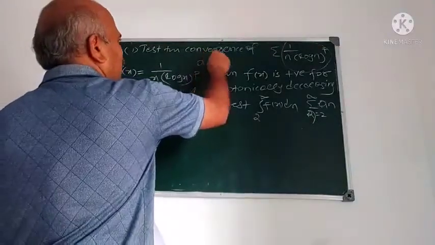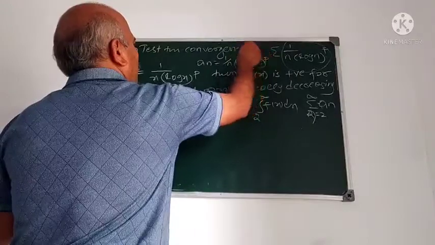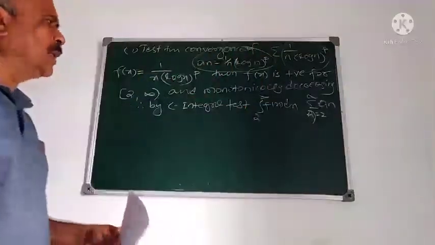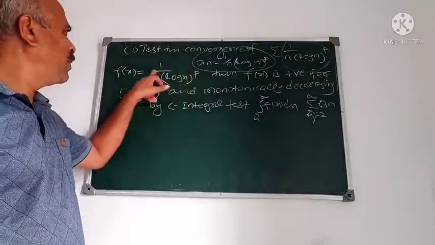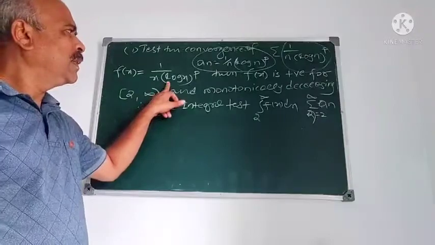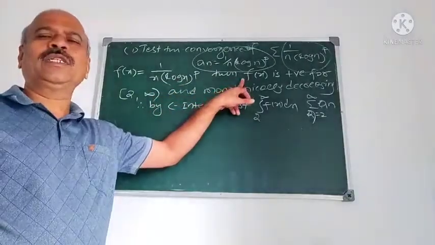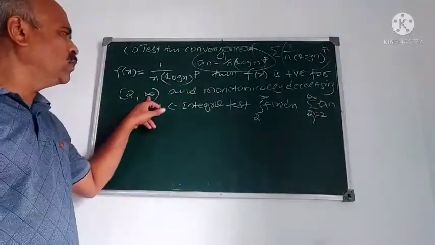What is a_n? a_n is 1 upon n (log n) raised to p, and f(x) is 1 upon x (log x) raised to p. Only replace n by x here. Then the first condition is satisfied here: f(x) is positive and monotonically decreasing in 2 to infinity.